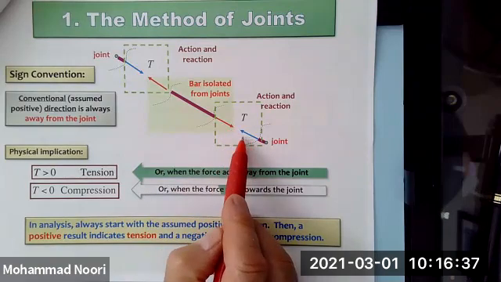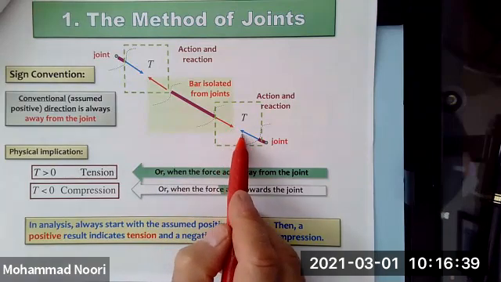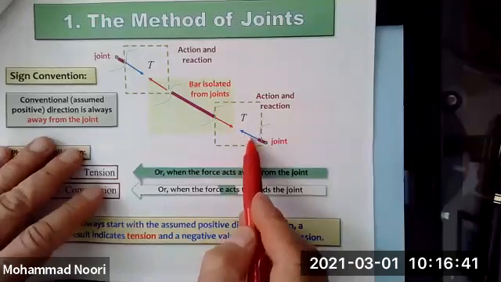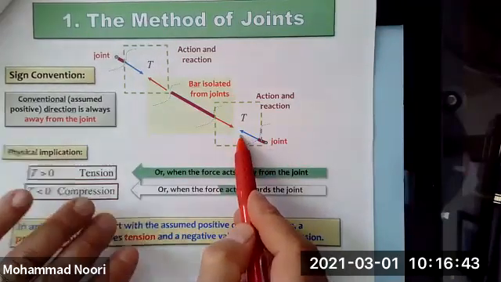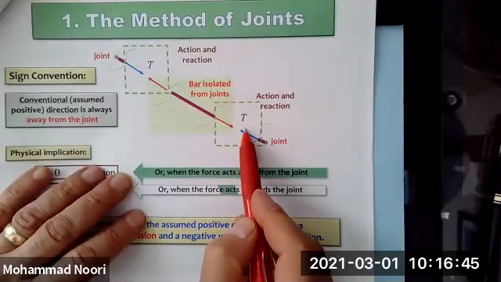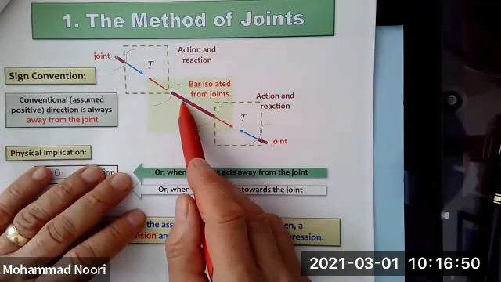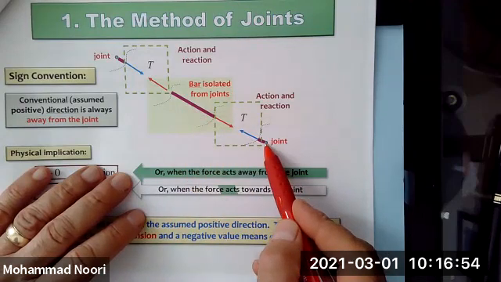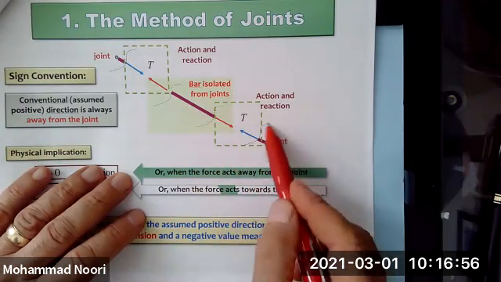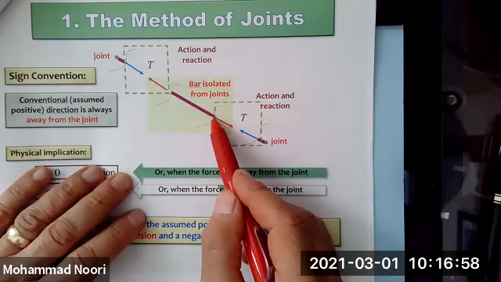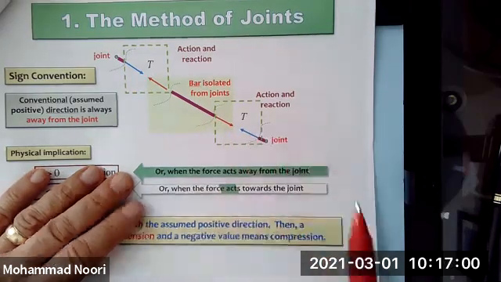So then we set a rule of thumb: if the force is coming towards the joint, then the force on the member would be the other way, so the corresponding member is in compression. If the force is moving away from the joint, when you look at the equilibrium of a joint, the corresponding member is in tension.